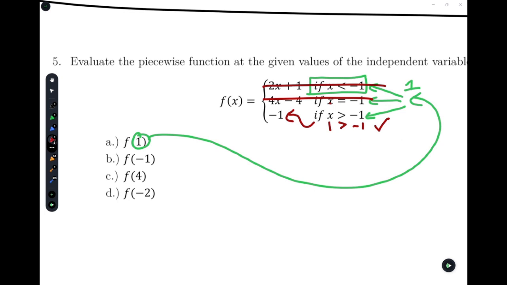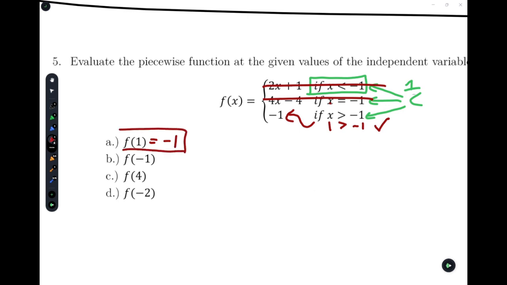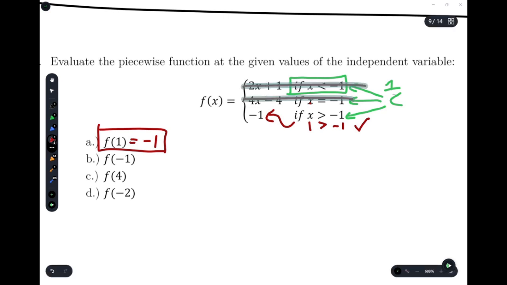How do you plug a 1 into negative 1? That's the answer. There's nowhere to plug it in. Now I got to sort a different color. Let's sort negative 1.